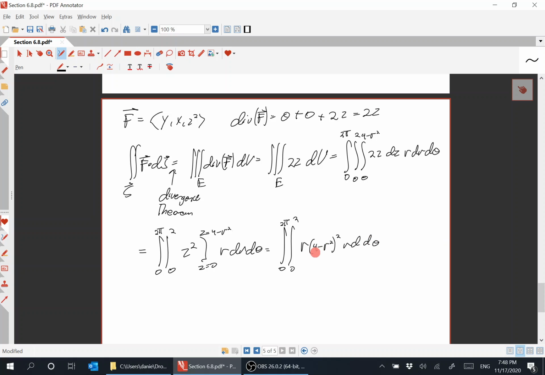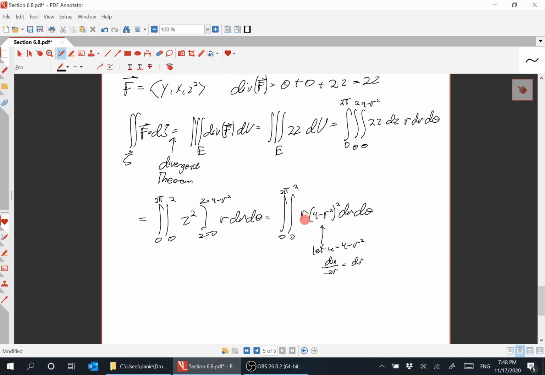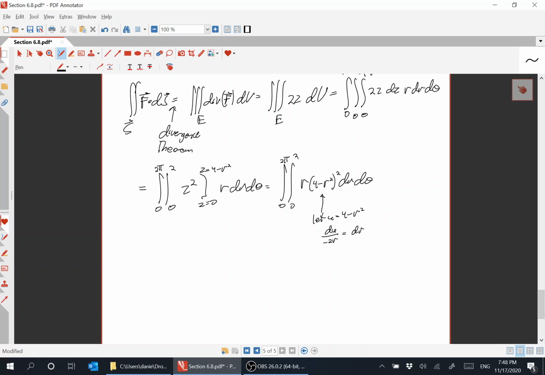Now for the antiderivative with respect to r, I could multiply it out, but actually you can do a u substitution. Let u equal 4 minus r squared, so du over minus 2r is dr, there's the extra r. So this is equal to the antiderivative minus 1/6 times (4 minus r squared) to the third, from r equals 0 to r equals 2, d theta.